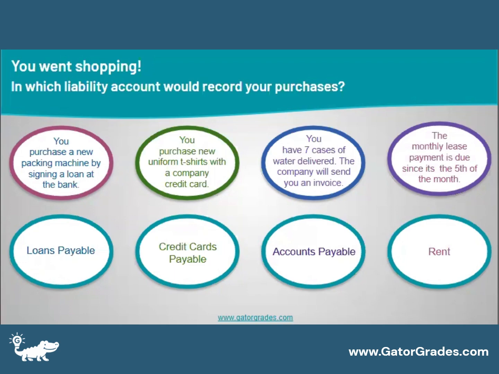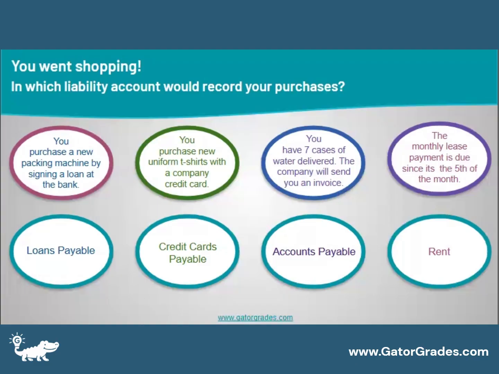In the green oval, we see that you purchase new uniform t-shirts with a company credit card. For this example, since your method of payment was a credit card, the credit card payable liability account would increase. You also had 7 cases of water delivered, and the company that delivered it said it would send you an invoice.